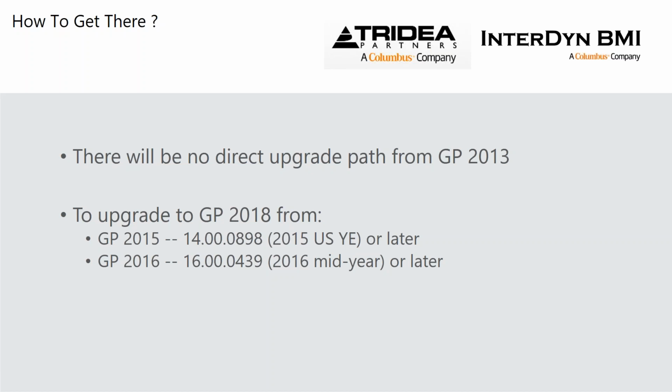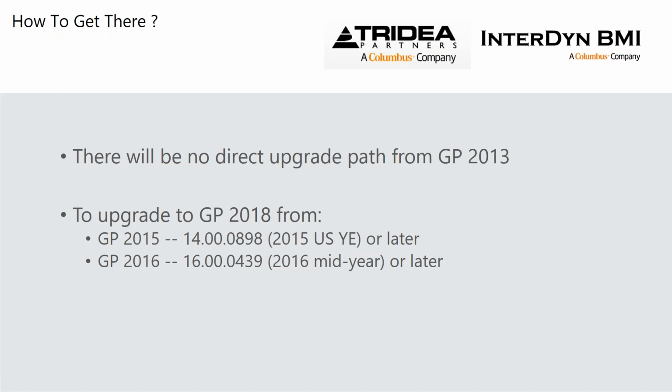If you're on GP 2016 and you've applied the 2016 mid-year patch, so almost a year ago, or the 2017 year end, I guess that's a year and a half ago, right, mid-year 2016.